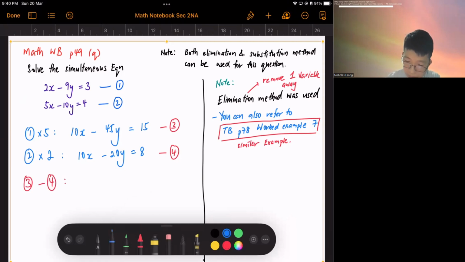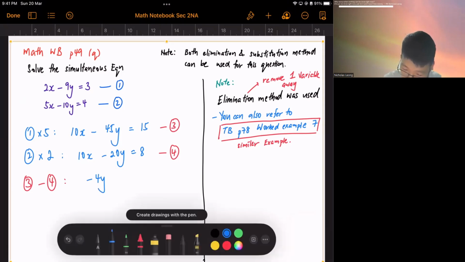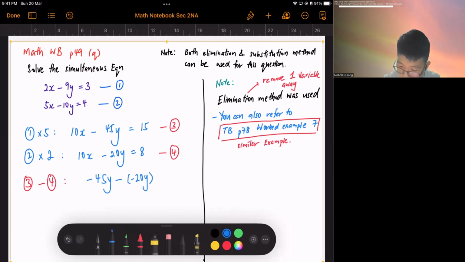When you subtract, you need to subtract in the same order. So 10x minus 10x is 0, minus 45y minus 20y, equals 15 minus 8.